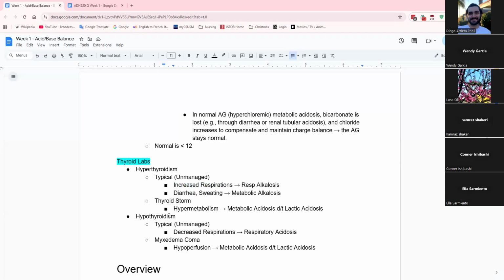Hypothyroidism, if it's very unmanaged, the thing about it is that hypothyroidism is easier to manage than hyperthyroidism is. It's less critical in terms of acuity.